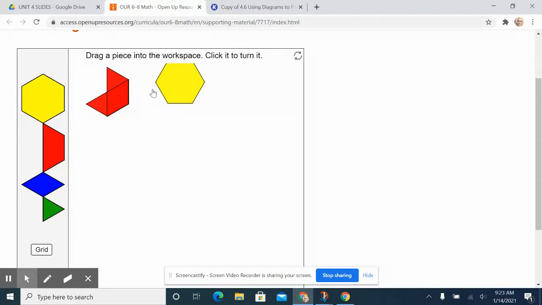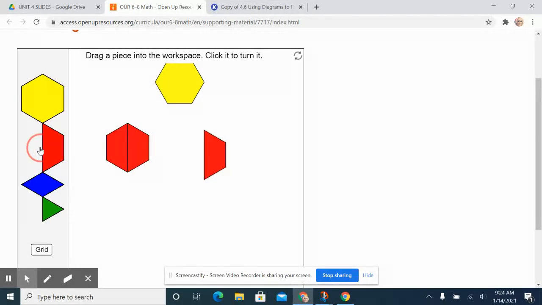So what's going to happen is I'm just going to make 3 1/2 hexagons below, and then we're going to count how many of these red shapes that you see. So there's 1 hexagon, and then here's another hexagon, and I'm trying to get to 3 1/2 hexagons, right? So now I'm at 3, and then I have this little half.